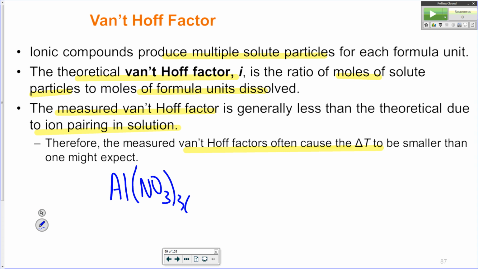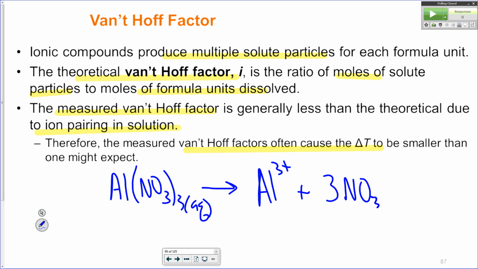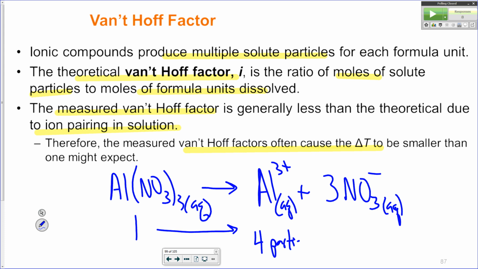If you dissolve it in solution, making it aqueous, it dissociates to form the aluminum cation and 3 nitrate anions in solution. Both of these become aqueous. So as one formula unit dissolves, it ends up as 4 particles. That would mean the Van Hoff factor would theoretically be 4.